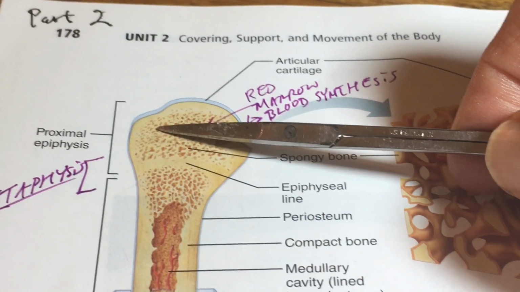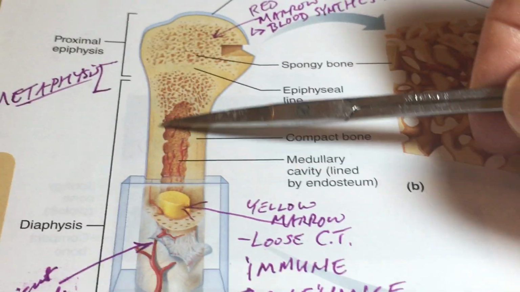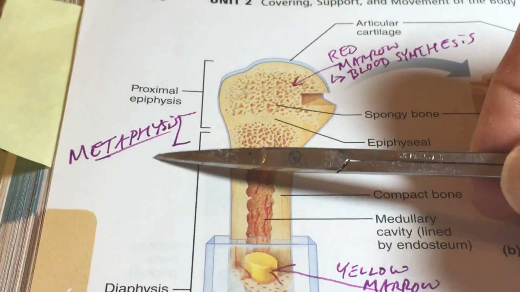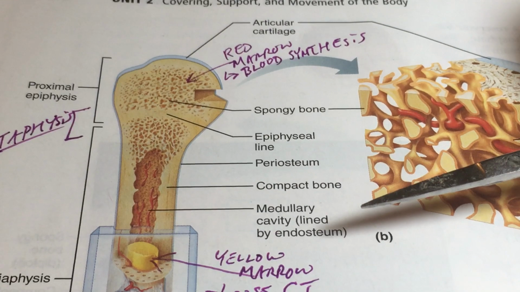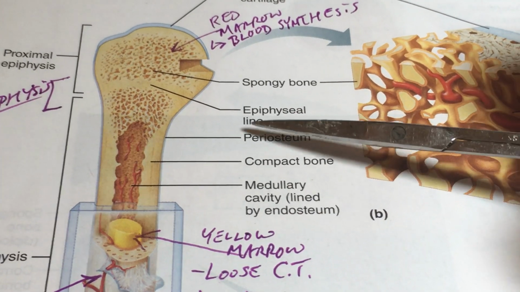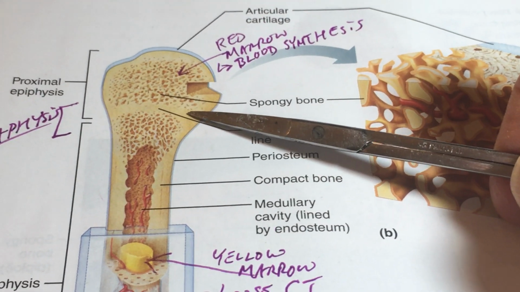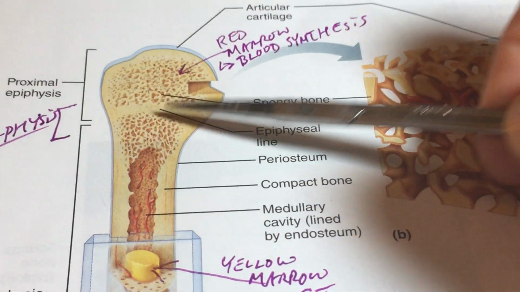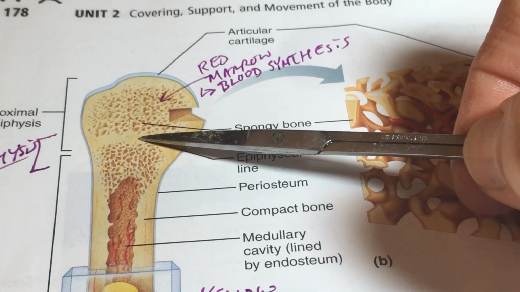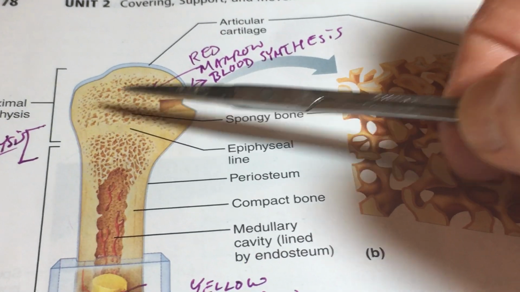So we have the proximal epiphysis, we have the diaphysis. Sometimes we identify the region in between as the metaphysis. That can be done if you like. Here we have an epiphyseal line where there used to be a disc. This was a growth region here for lengthening of the bone, and the disc would move in the upward direction this way.